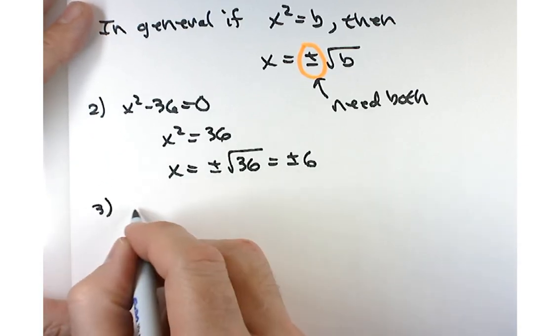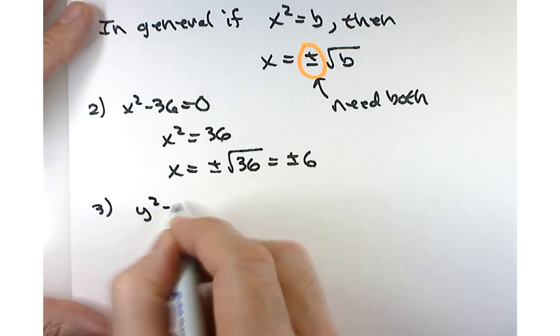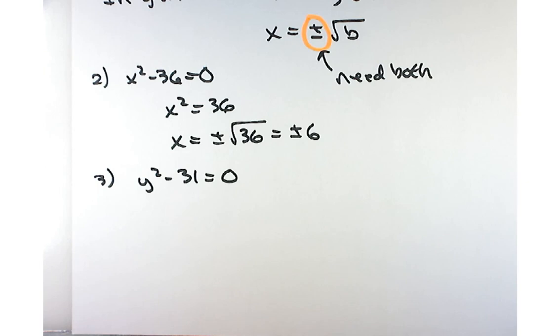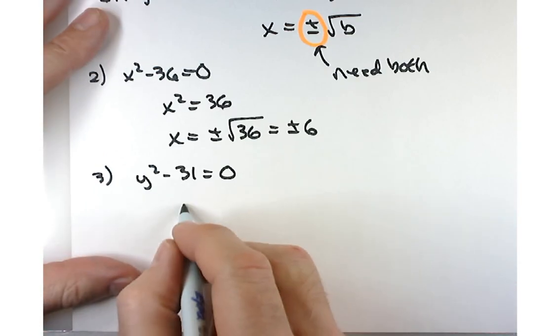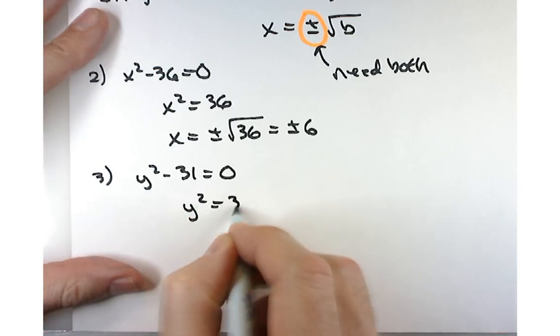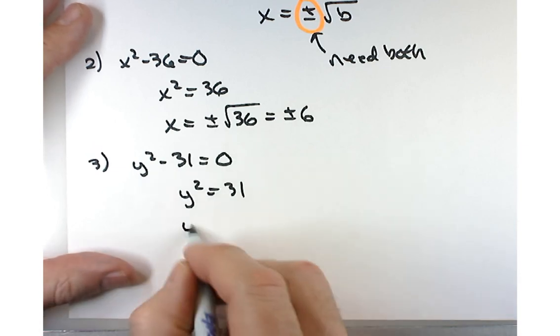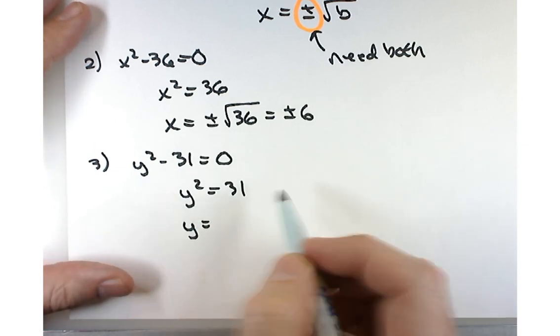Well, that was too easy. Let me get meaner. What if I did y squared minus 31 equals 0? Could I still do the same thing here? Well, we'll see. Let's put the 31 on the other side. Y squared equals 31. And then what? Take the square root on both sides, plus or minus.